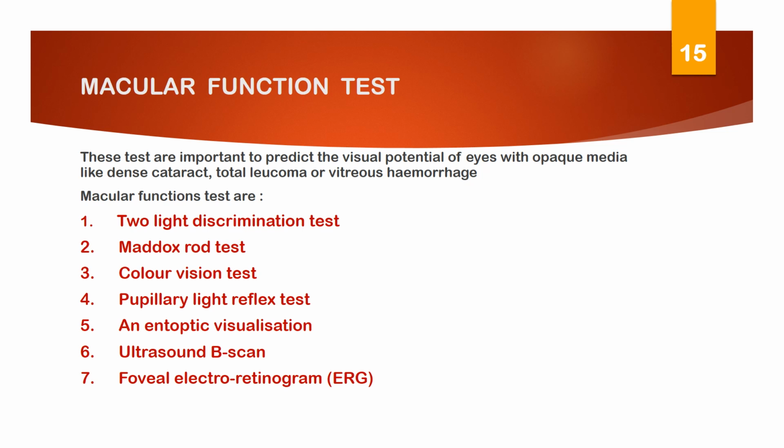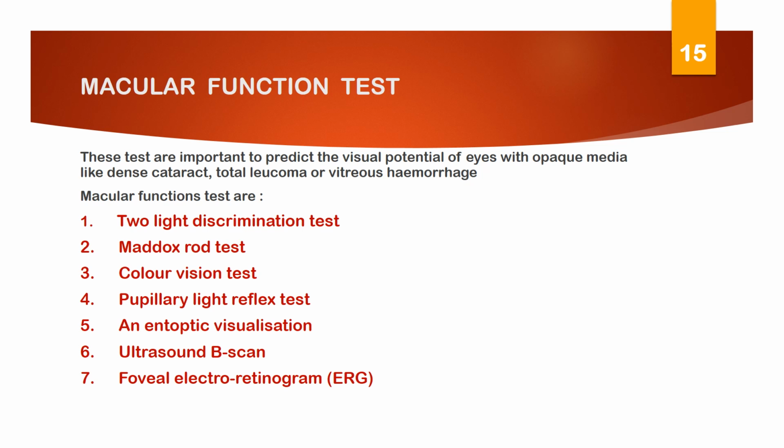The patient is asked to look through an opaque disc perforated with two pinholes close together. Holes are 2 inches apart and 2 feet away from the patient's eye. If he can appreciate the presence of two lights, macular function is good.